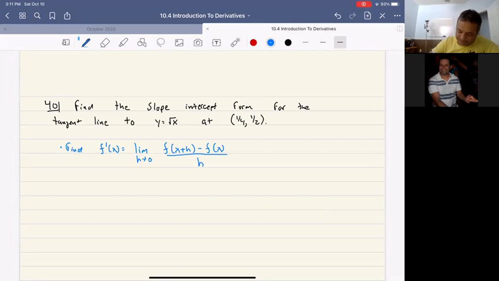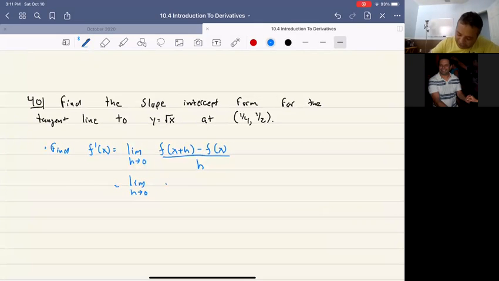Trust me. Limit as h goes to 0. Now, what's f of x plus h? Square root of x plus h minus square root of x, divided by h.